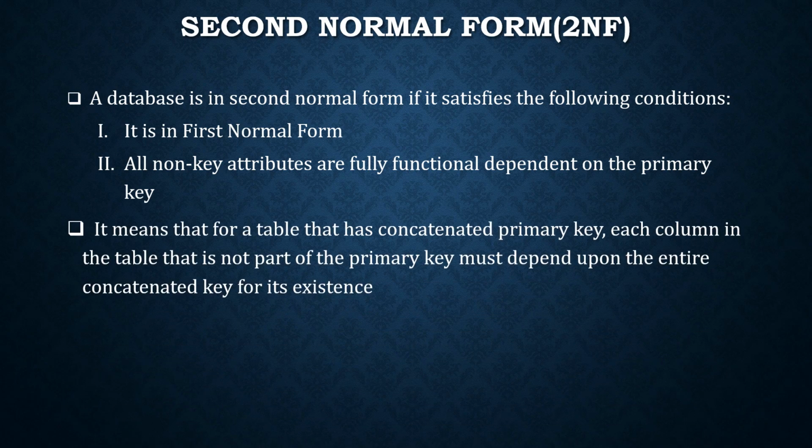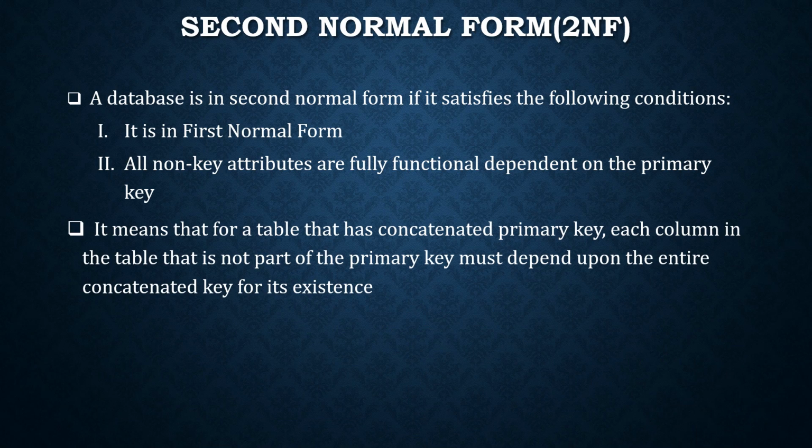It means that for a table that has a concatenated primary key, concatenated meaning two or more columns combined to form a primary key, each column in the table that is not part of the primary key must depend upon the entire concatenated key for its existence.